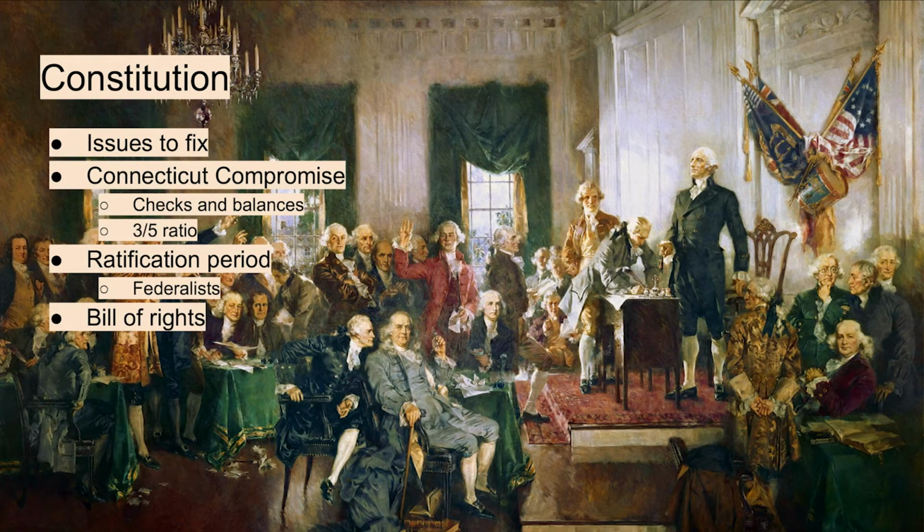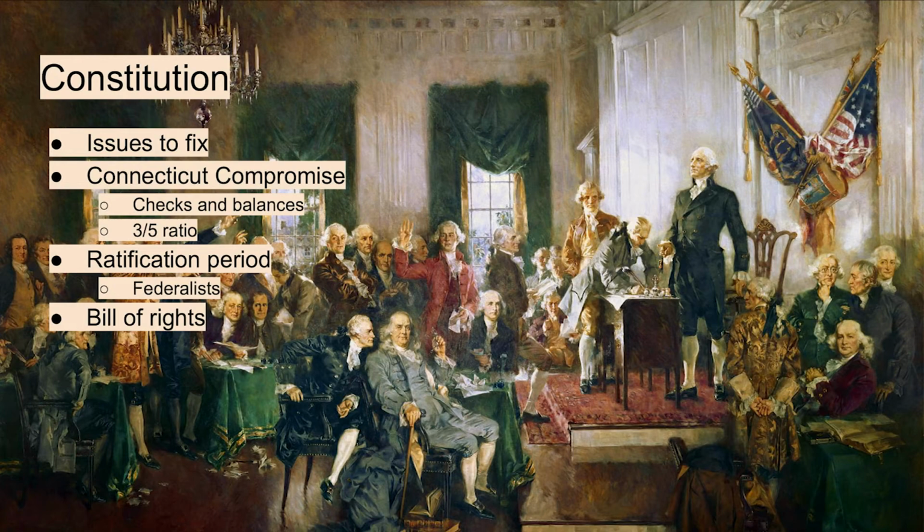But how these representatives are calculated becomes another sectional issue. Because you have the South who feel that they are not being represented if it's purely about the number of voters. And they propose that slaves should be counted as full persons.